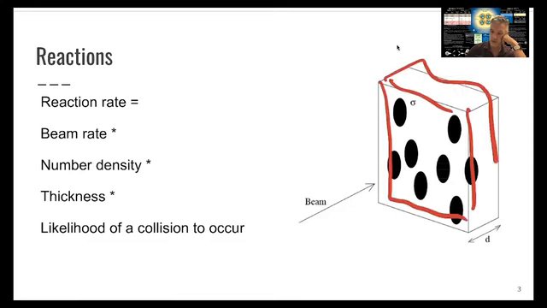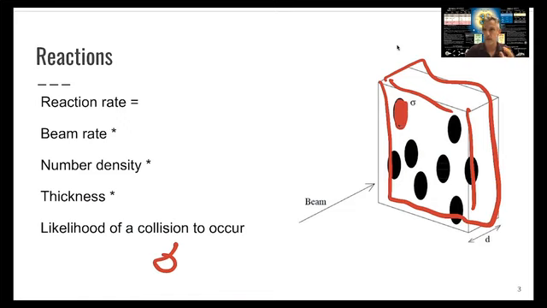And clearly the number of reactions depends on how dense your target is, and on the thickness: the thicker the material, the more likely it is for reactions to occur. And then by the actual physics, by the likelihood of a collision to occur. And this likelihood is called a cross-section. We can think about this cross-section as a geometrical area.